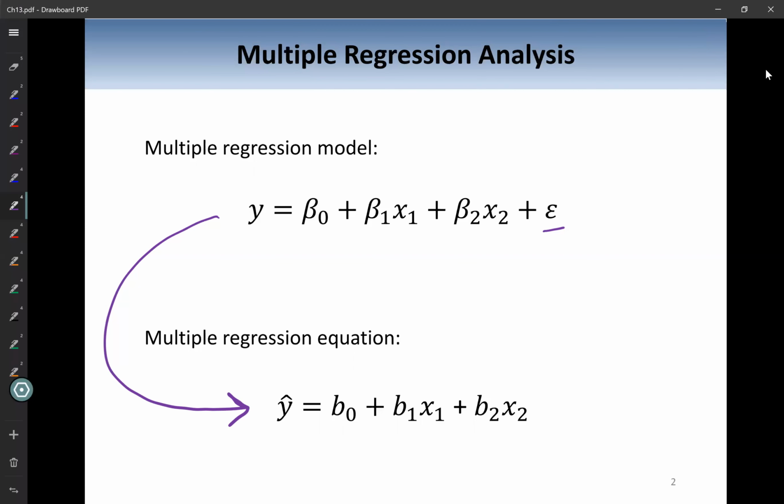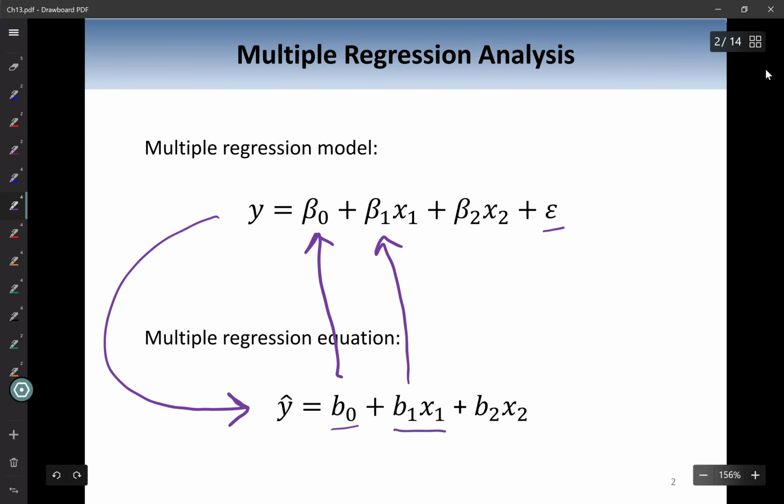So y hat is used to estimate y, and y hat is a function of b naught. So b naught is the constant that estimates beta naught. B1 is the regression coefficient that estimates beta 1.